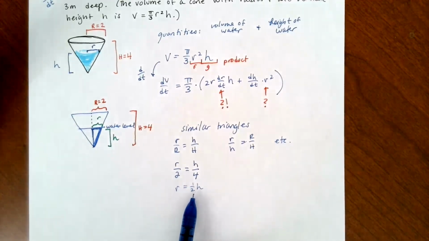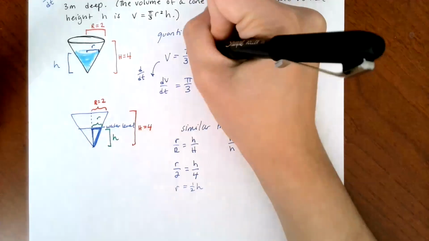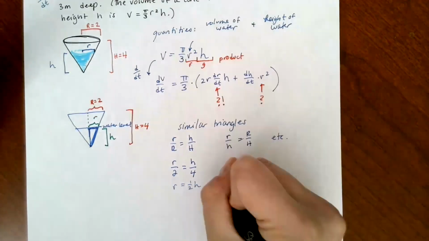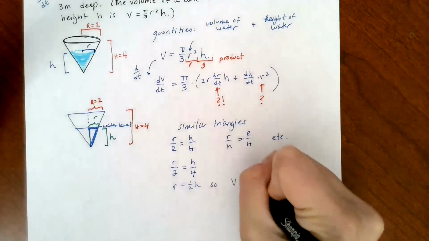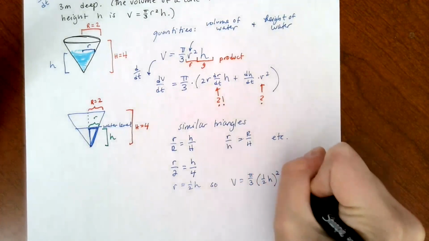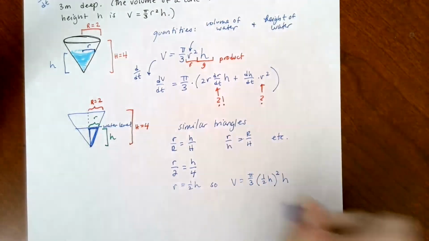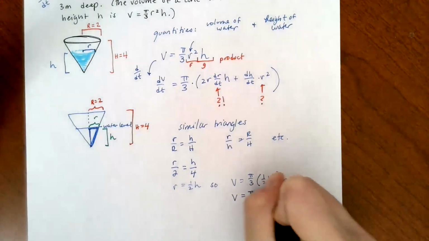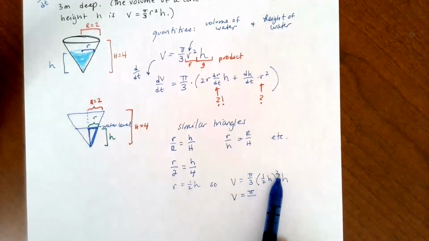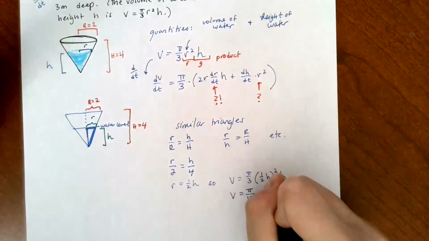So I can come back up here and plug that in for r. So V is pi over 3, and instead of r, I'll write a half h, squared, times h. Simplify this down a little bit. This 1/2 squared is a quarter, combined with the 3 we get a 12.